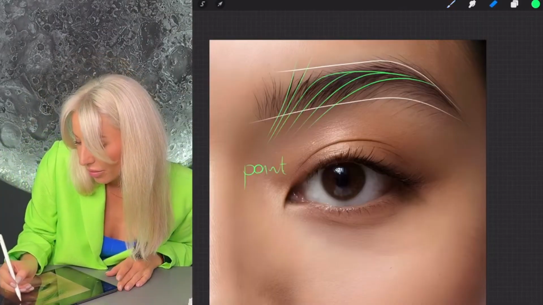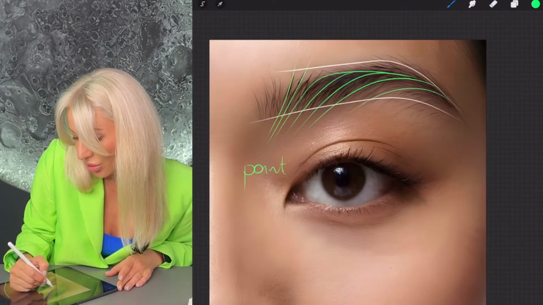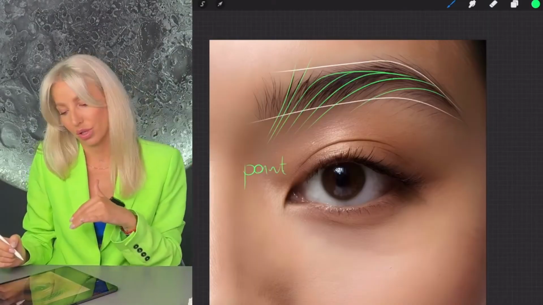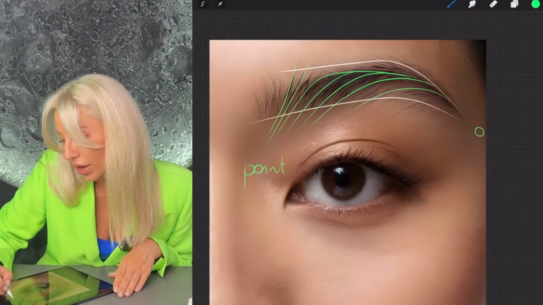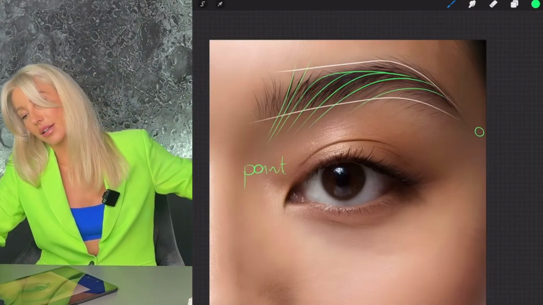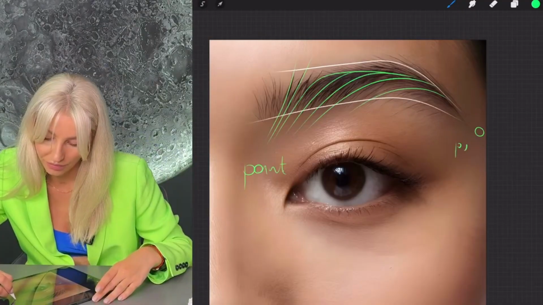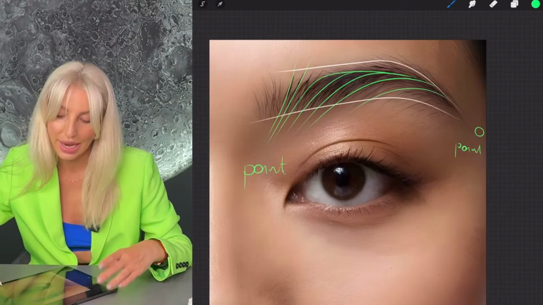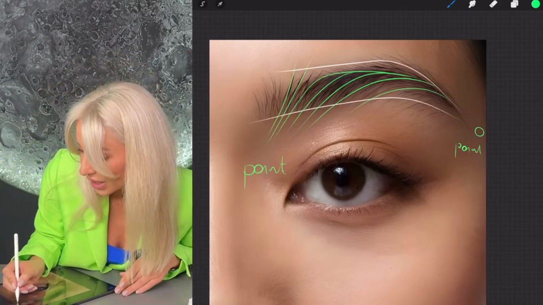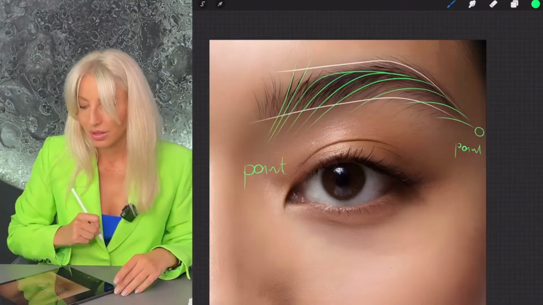The same in the tail. So actually all the strokes need to be directed to these points, which you guided to yourself. And another point will be here, where the tail of the eyebrow is directed. So these are two key points which are going to help you create a beautiful, balanced pattern.